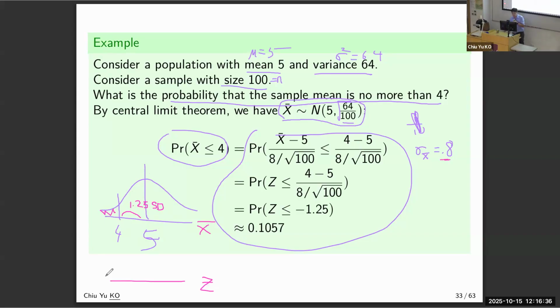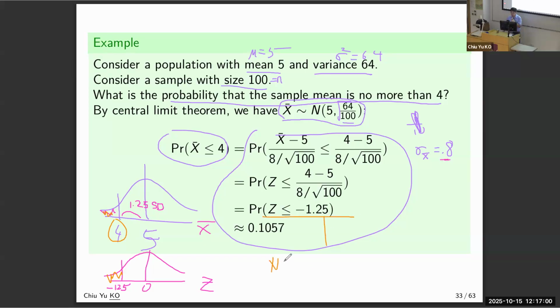We ask for this area. This is 0, this is negative 1.25. We're asking for this area, because less than 4 means 1.25 SD below the mean, which is asking for Z less than negative 1.25.